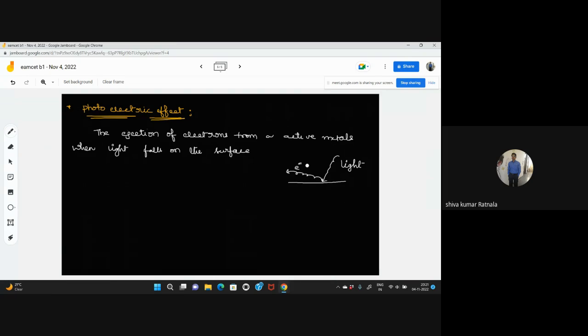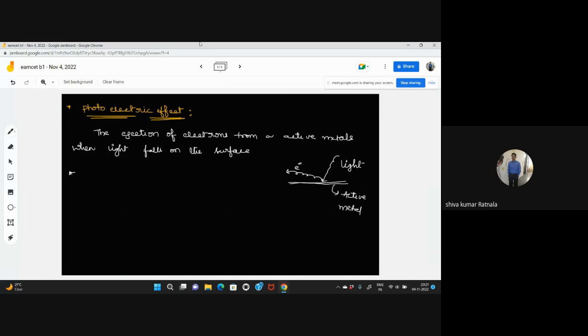So how can the photoelectric effect be explained? For example, say this is the active metal. Active metals are like potassium, sodium, cesium.